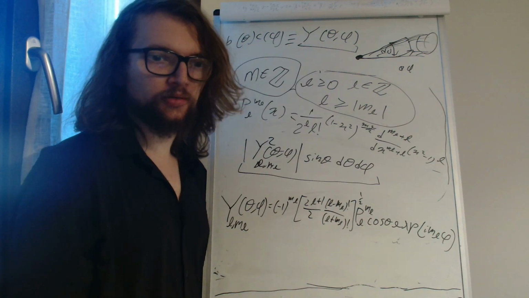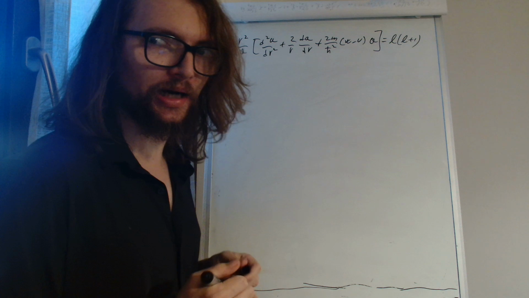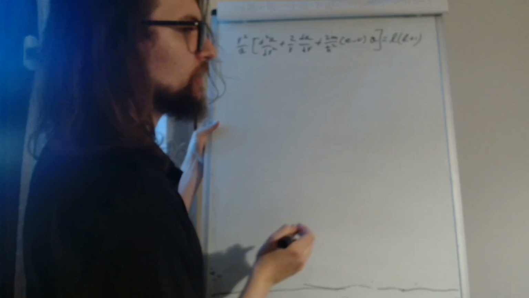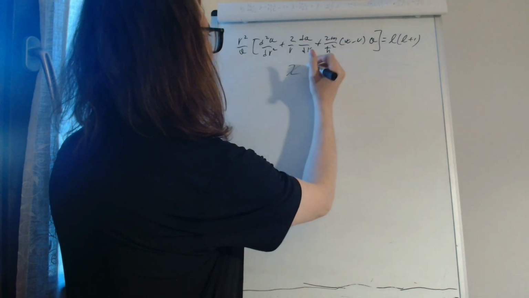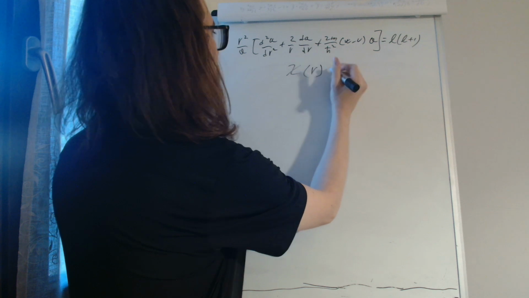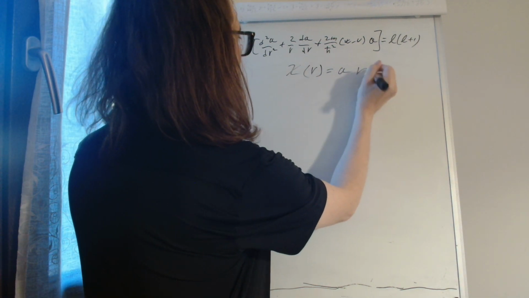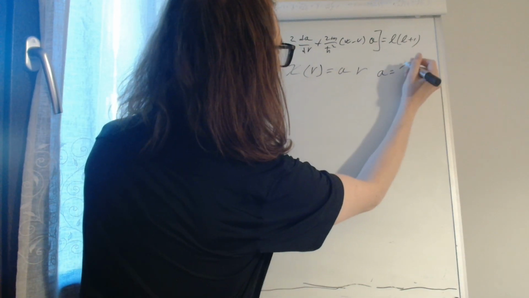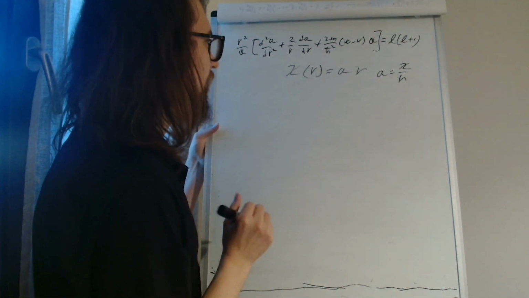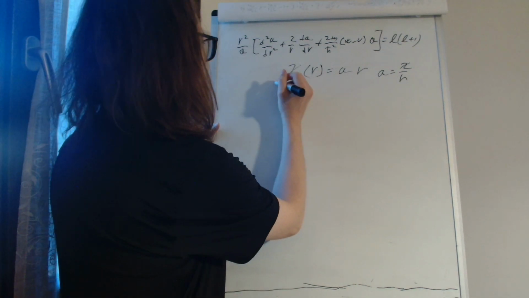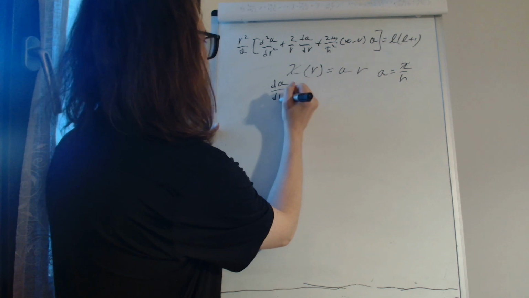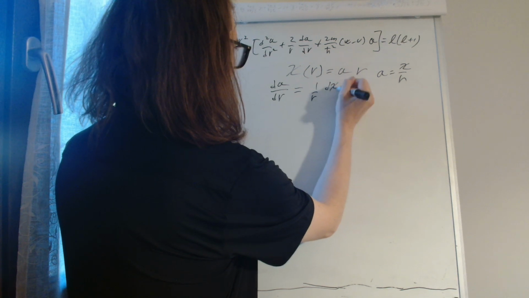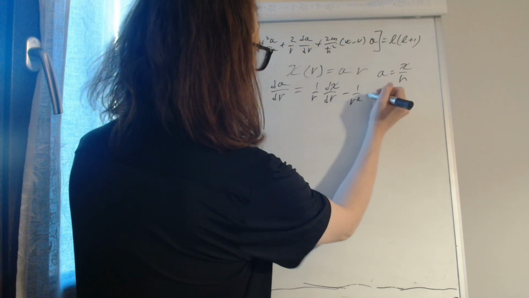Now that we solved the angular part, we go back to our radial equation, and we're going to solve it for chi of r equals a times r. So we're going to substitute a equals chi of r inside, and the derivative da/dr becomes 1 over r d chi/dr minus 1 over r squared chi.